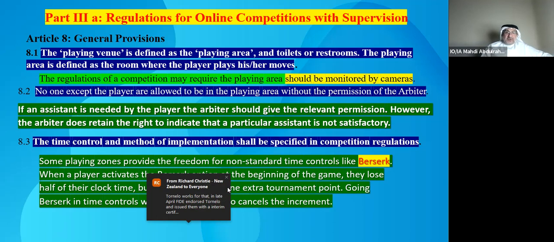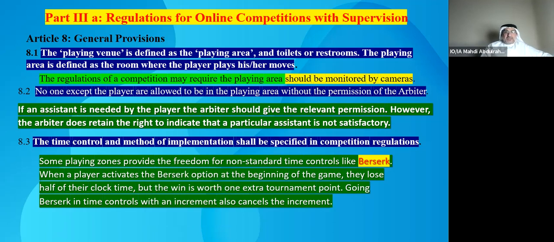So, cameras everywhere. No one except the players is allowed to be in the playing area without permission of the arbiter. In hybrid chess, if online, only the player may be in the room. No parents, no assistant, nobody, not even a child will be in the room.